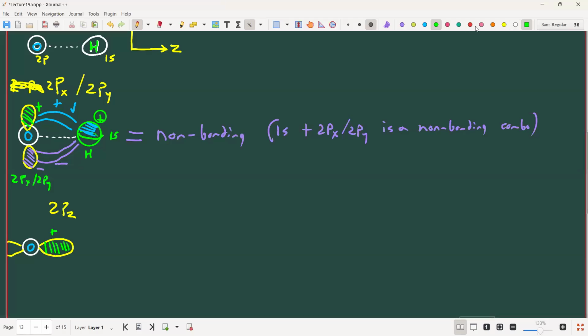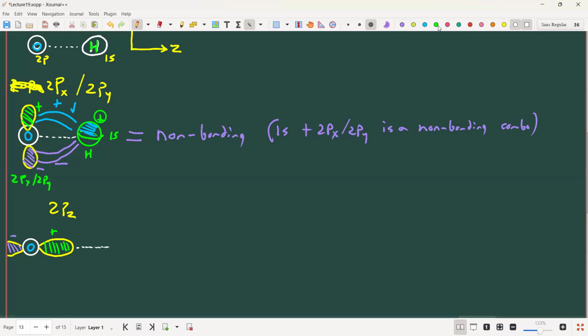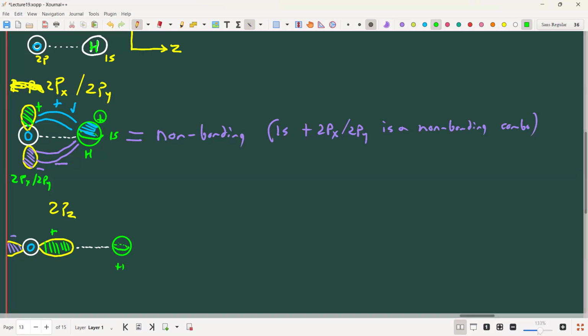The function is positive on the right side and negative on the left side. And this adds directly to an H orbital, a 1s orbital for our H atom. That's positive everywhere. Okay. So we have a positive lobe coming into a positive sphere. They add constructively. We get a bond, a covalent bond, right?